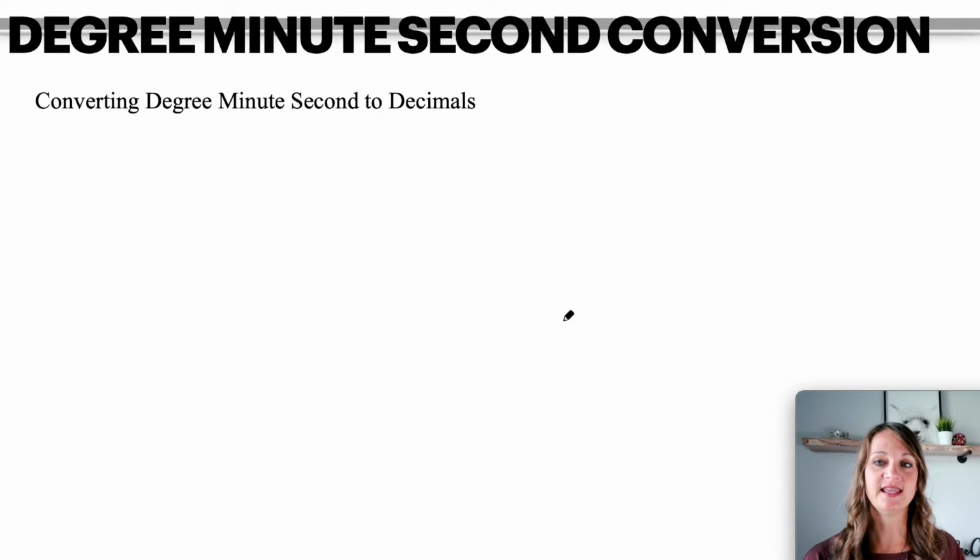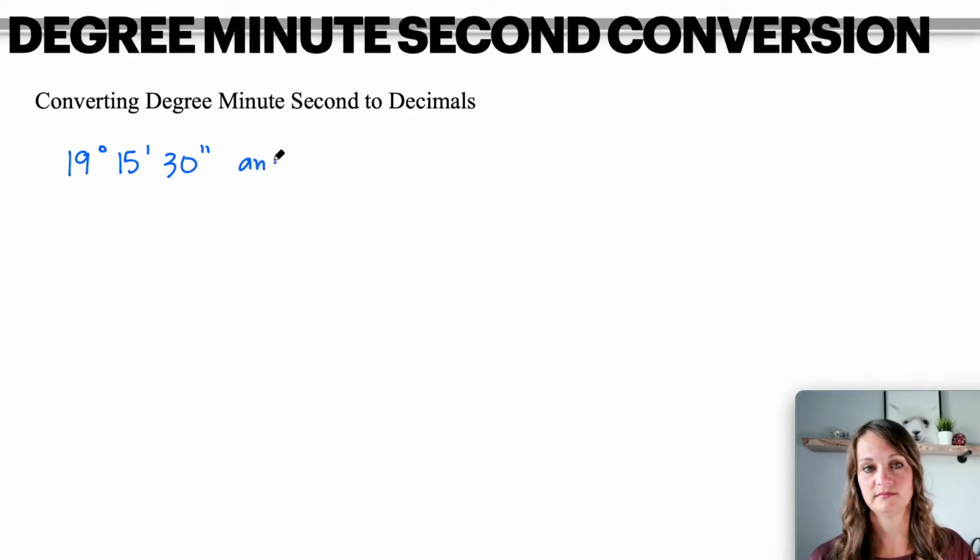Now, there is times where you're going to come across a word problem that is not going to be decimals or a really nice whole number, but instead it is actually going to give it in degree, minute, and second. So for example, if I said that we have a 19 degree, 15 minute, and 30-second angle, which a lot of these you would see mostly in longitude and latitude or bearings with airplanes or ships.